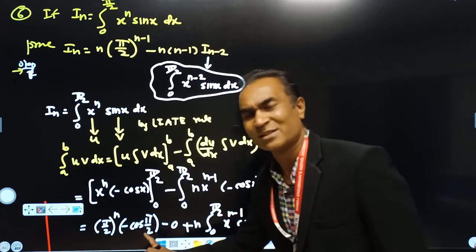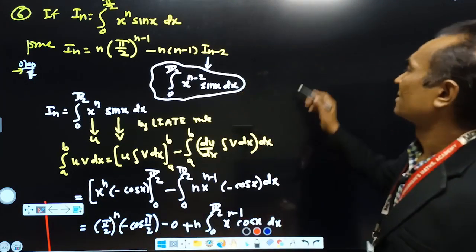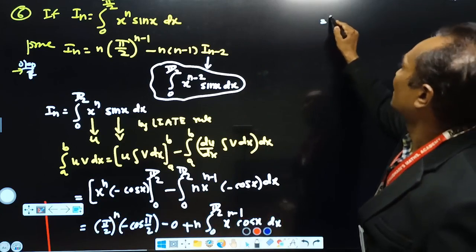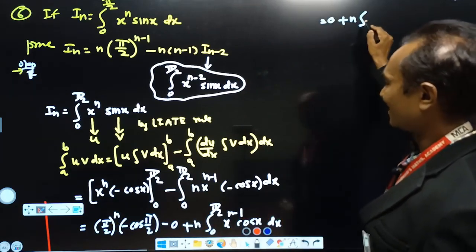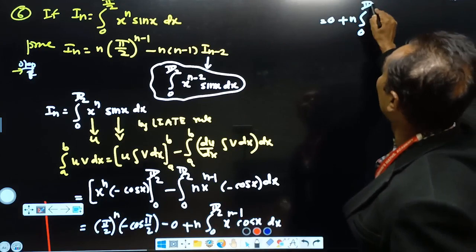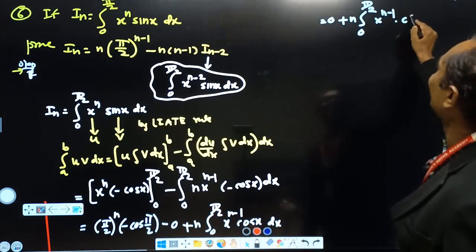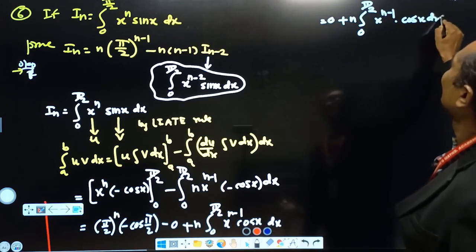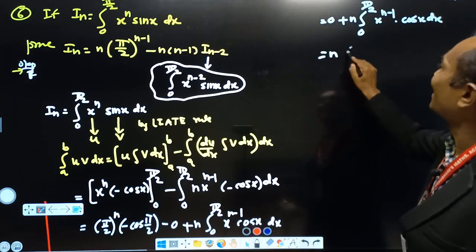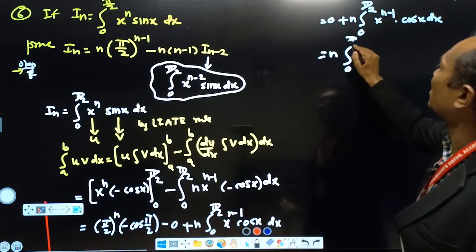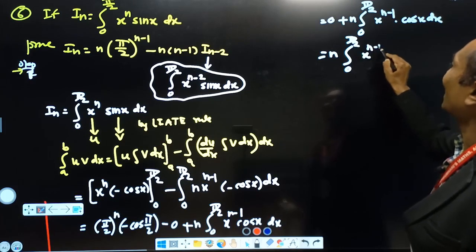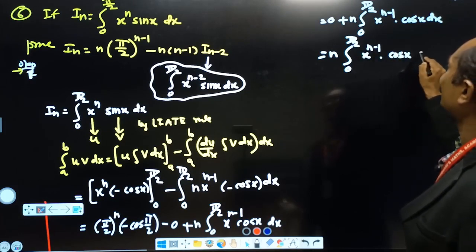Cos pi by 2 is 0, plus n integral 0 to pi by 2 of x raised to n minus 1 into cos x as it is. So it is n times the integral 0 to pi by 2 of x raised to n minus 1 into cos x dx.